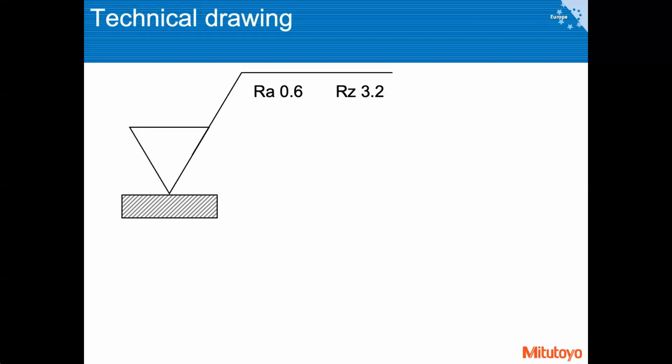Yet again, some examples. This is how a technical drawing could look. You could have a surface, and on the surface you show the symbol. By adding this additional line, you are saying that the material must be removed in order to achieve a roughness parameter of 0.6 Ra, and Rz should be 0.2 or better.